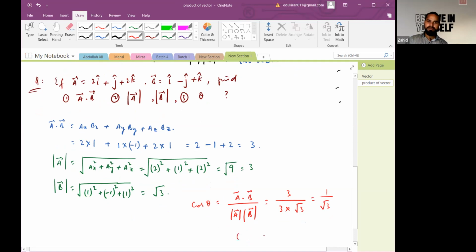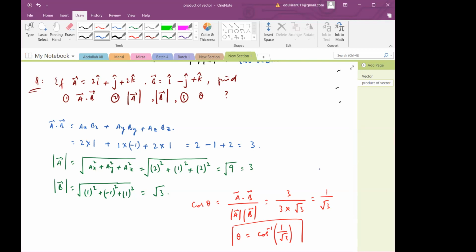It will become cos inverse of 1 by root 3. Is it clear? Okay, just write it down. Any doubt in this calculation? No, sir. Okay.